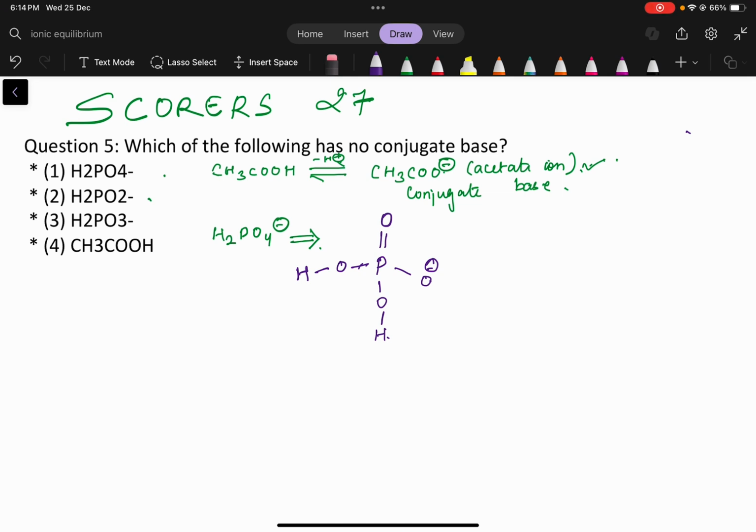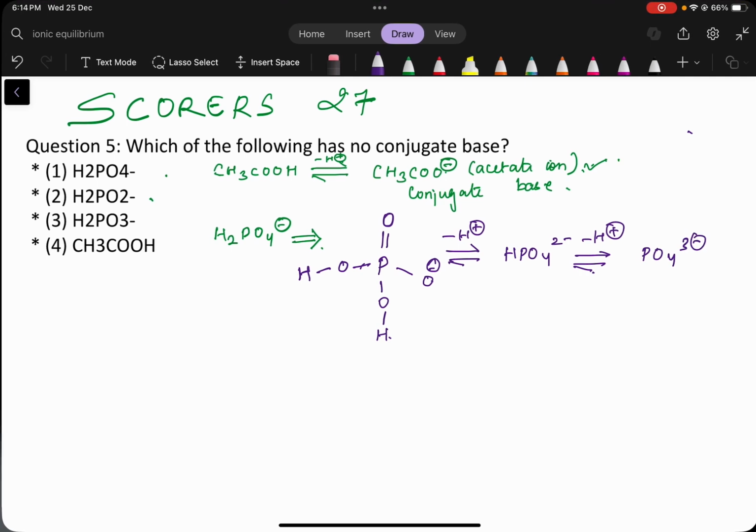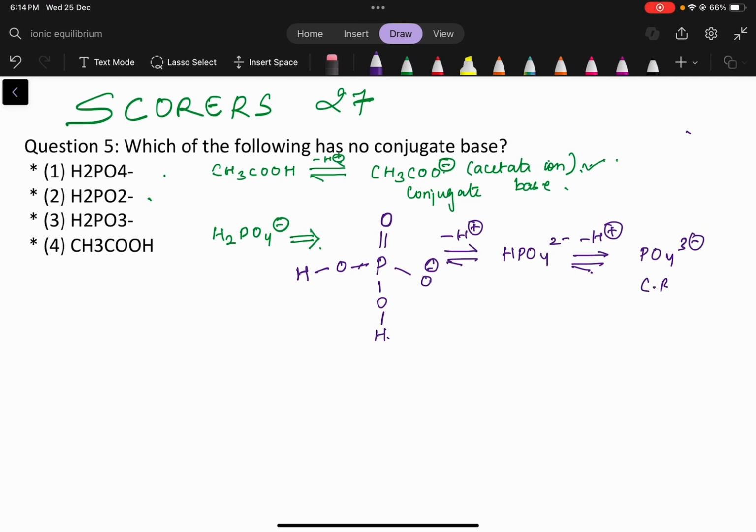Now here we can notice that this H2PO4 minus loses a proton, right, and forms HPO4 2 minus, which can further lose a proton to form PO4 3 minus, that is its conjugate base.